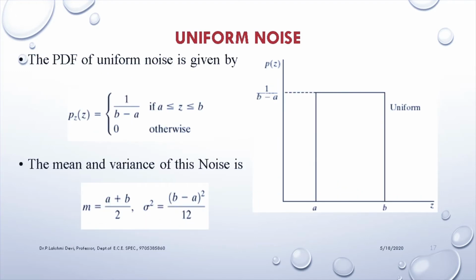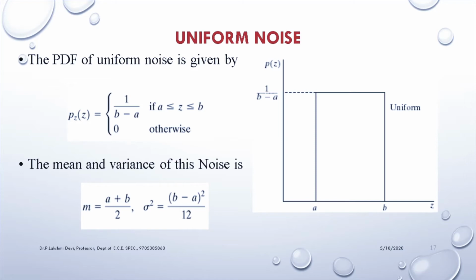The probability distribution function of uniform noise is given by P of Z, with the intensities or gray levels of the pixels on the x-axis and the probability of occurrence of those gray levels on the y-axis.